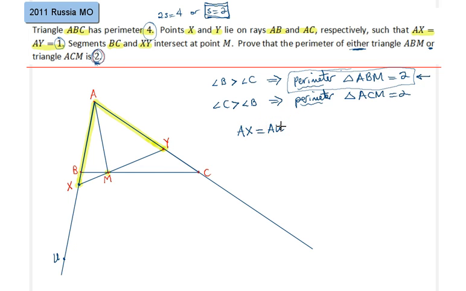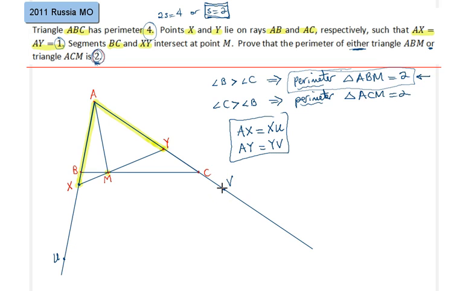In a similar way, I will go beyond Y to a point V, probably somewhere here. That's point V, such that AY is equal to YV. Sorry, that was a typo earlier.